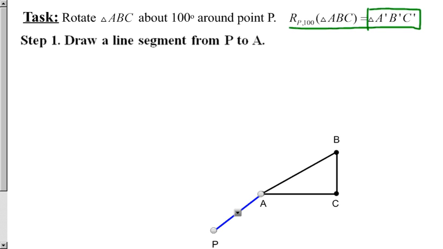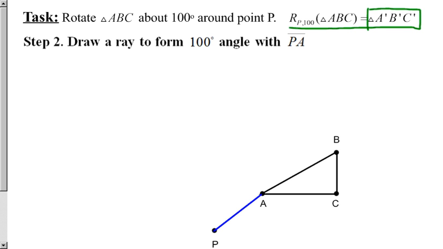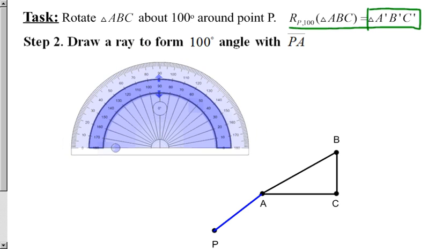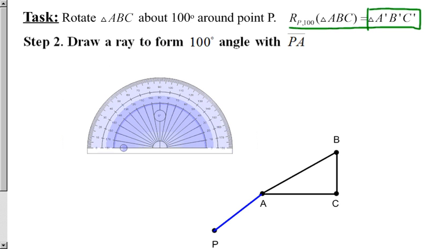And step number 2 says draw a ray to form a 100-degree angle with line segment PA. Alright, so that means we will need a protractor. It is technically not encouraged to use a protractor when doing a construction.